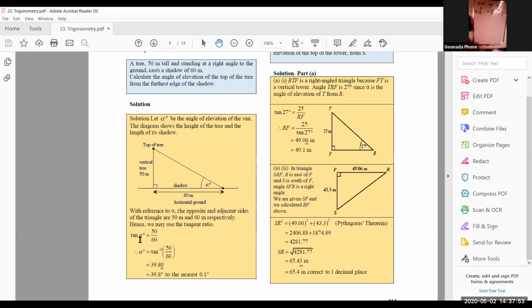So tan A degrees is equal to 50 over 60. So we're taking this tan and carrying it across, and we'll get tan inverse of 50 over 60. Of course, you know how to get tan inverse, second function tan. You just open a bracket, 50 divided by 60, close brackets, and you will get 39.80, or 39.8 to the nearest tenth.